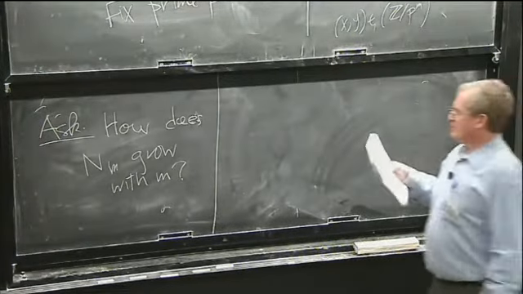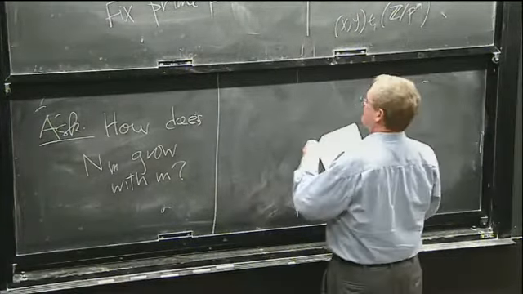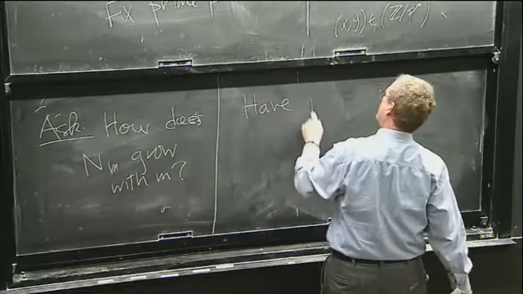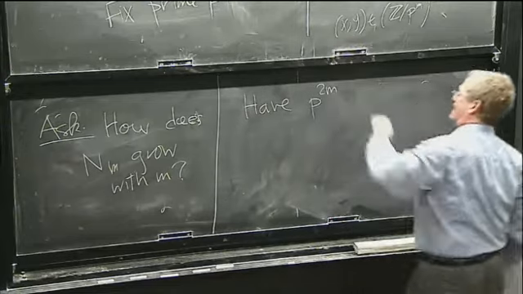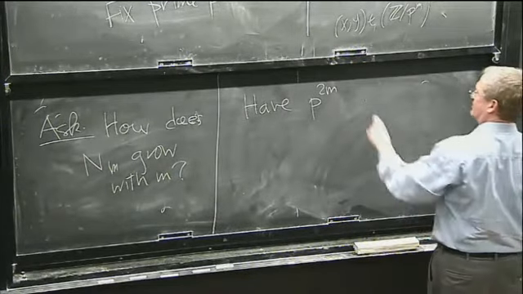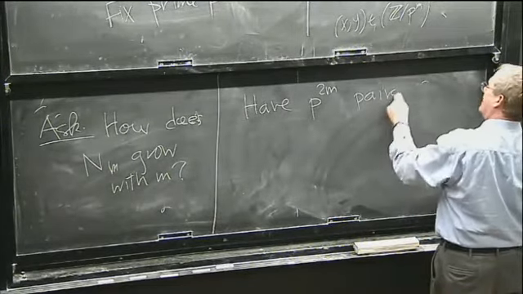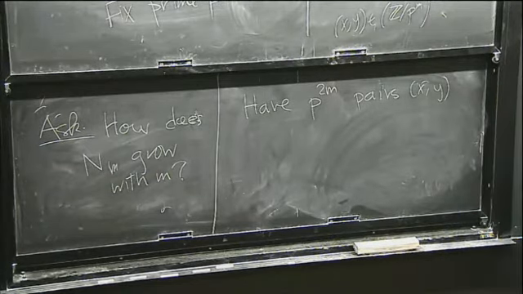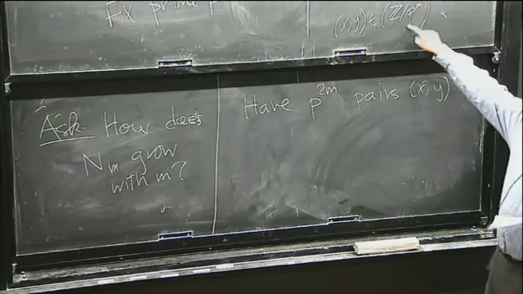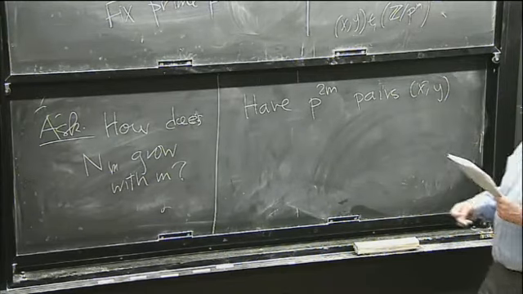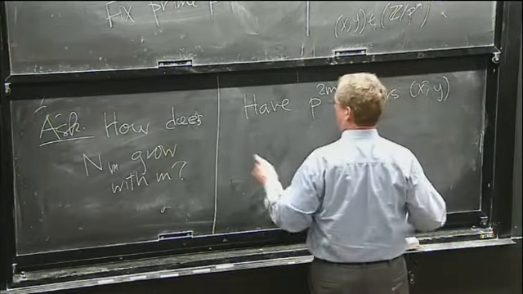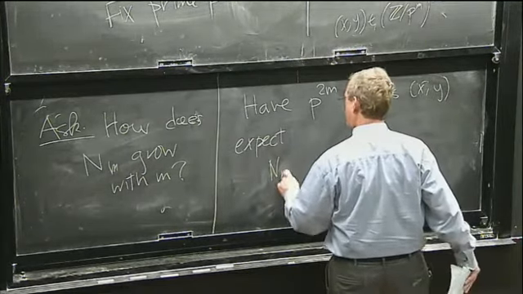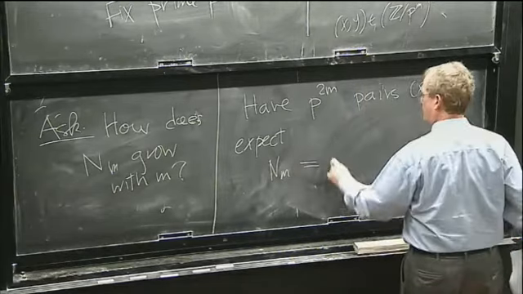Again, I'm going to be a little bit vague here. But how many pairs x, y are there? The number of possibilities for x, y is p to the 2m, before we impose any equation. So we might expect that the dominant term of n sub m should be p to the 2m.